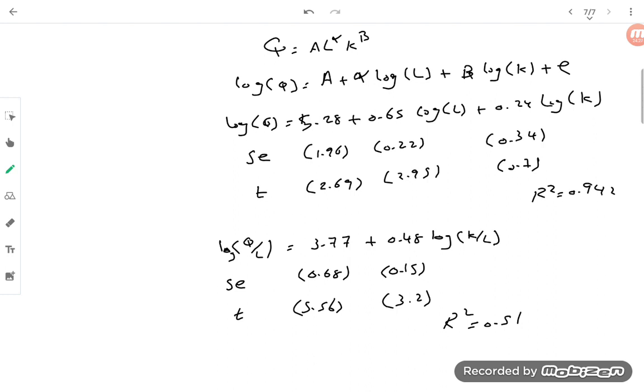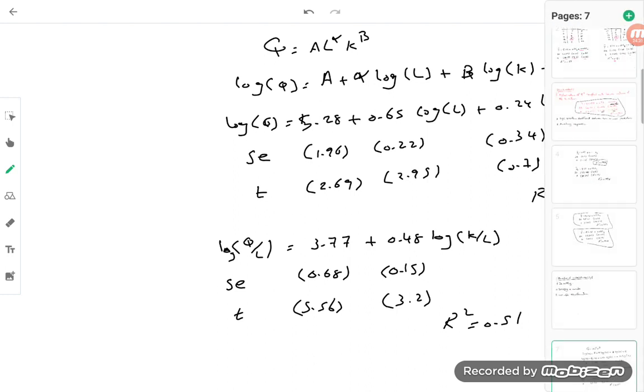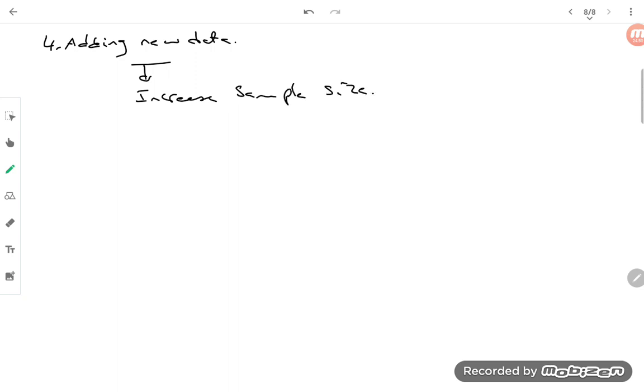The last solution that can be used is adding new data. As we said, multicollinearity is a data or a sample problem. So one of the possible ways to overcome this problem is to increase the sample size. Let's assume that in the previous case, the number of observations was 12.